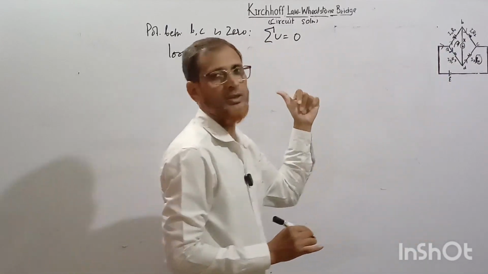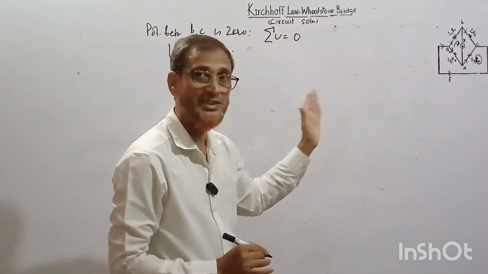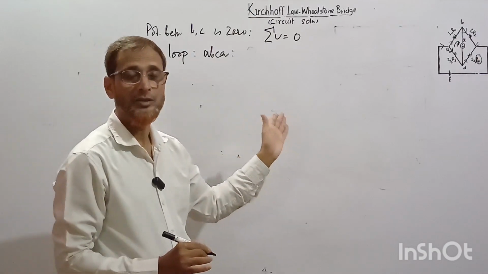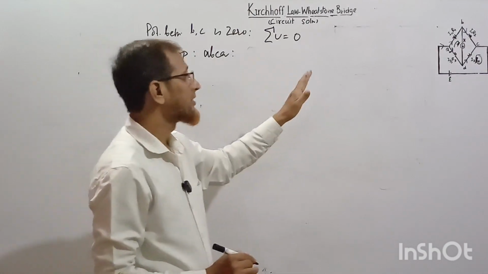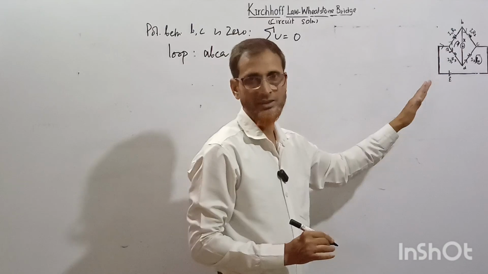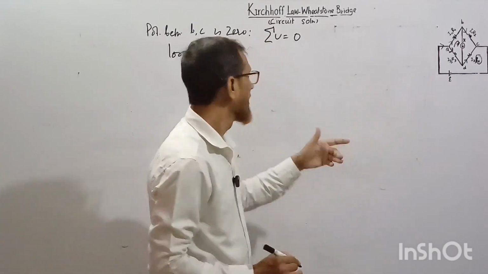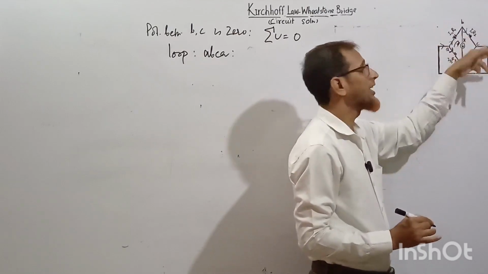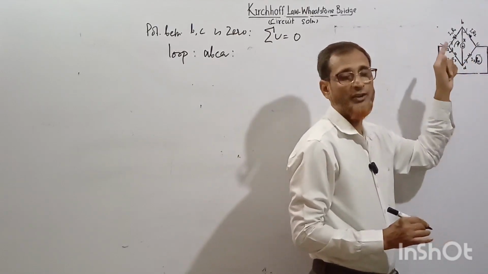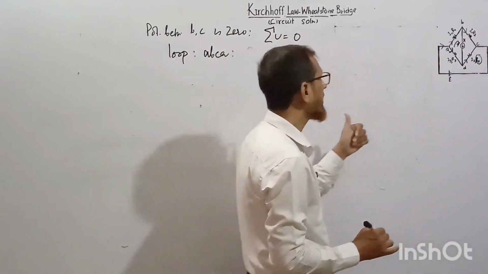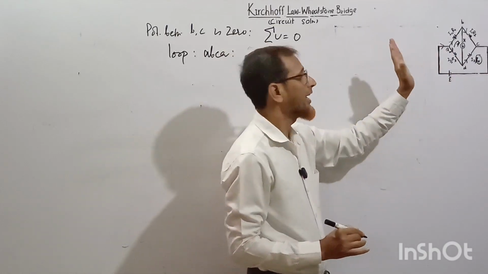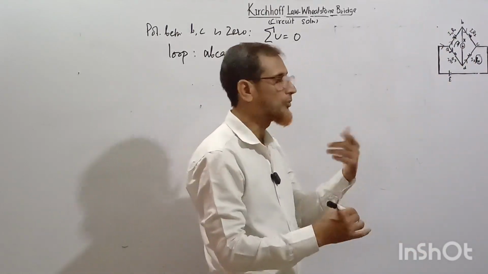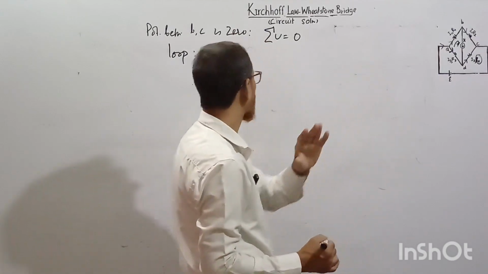We earlier mentioned, if it passes along the resistance, it is a minus voltage drop. If you assume minus, or if you assume plus, then the potential should be the opposite. In both cases it is correct. If you assume the potential drop passing through this direction is minus, then the potential difference will be plus. So if you do it the other way, it is also correct.